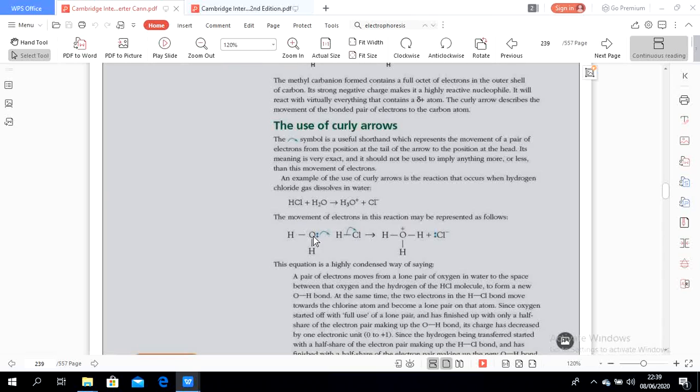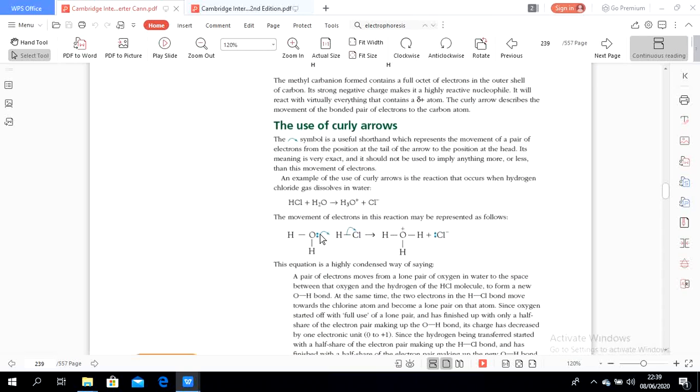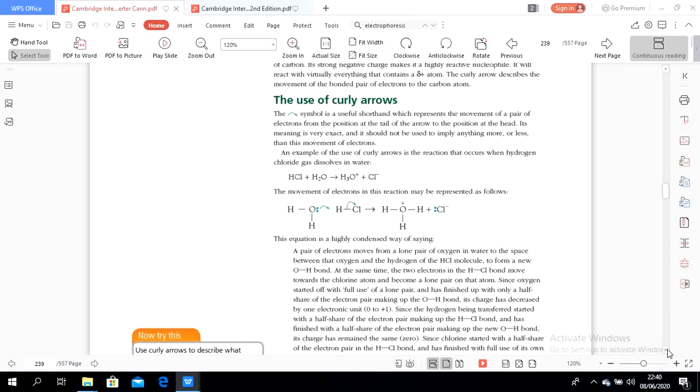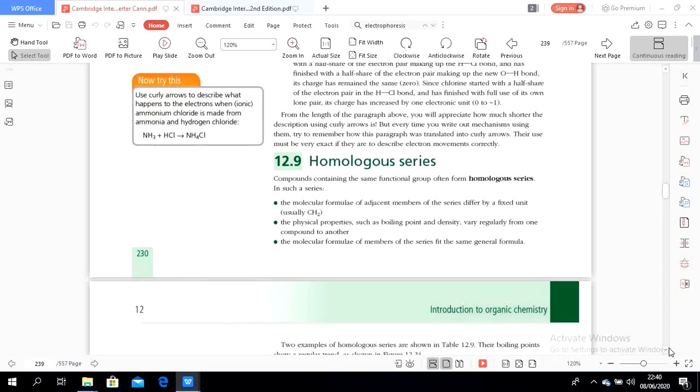This curly arrow here, from the O, the electron of the O goes to the hydrogen, and then the electron of the hydrogen is taken by the chlorine. Only the outermost shell electrons are taken by the electronegative atom, not all of the electrons. Okay, this is the process of the reactions of organic chemistry.